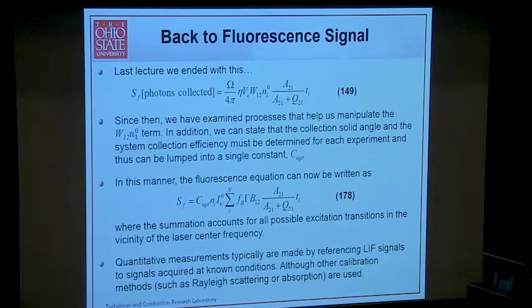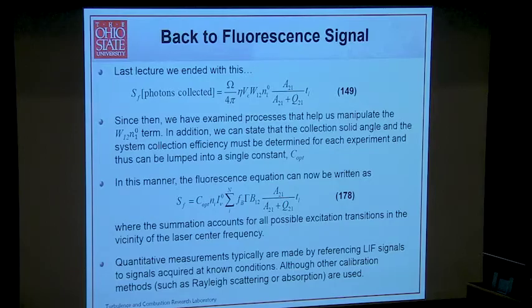You can imagine if you take this signal and divide it by something at a known condition, the COPs will cancel. You'd have a ratio of your signal and the process you're interested in over your reference signal. Then you would have a reference number density that you knew, and you would have to know all of these other factors, and they all cancel, or you know them.